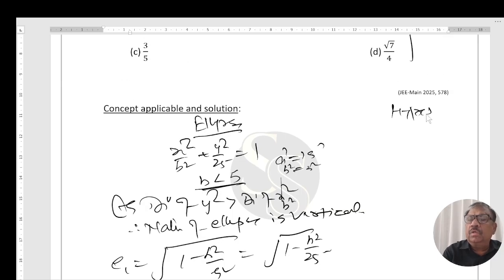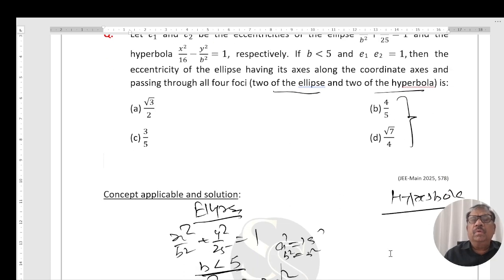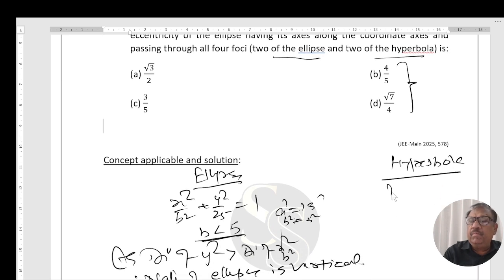Similarly, the hyperbola. Check the nature of the hyperbola. This is x square upon 16 minus y square upon b square equal to 1.